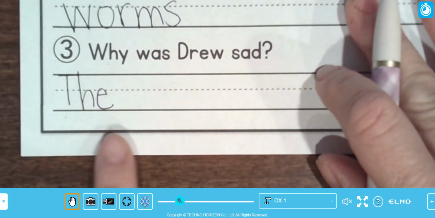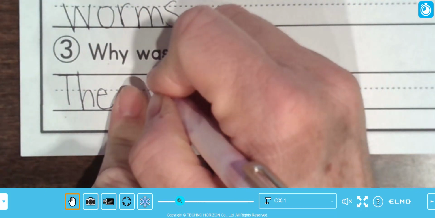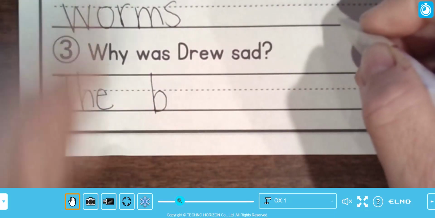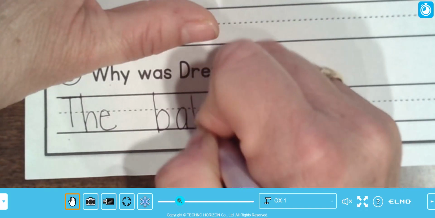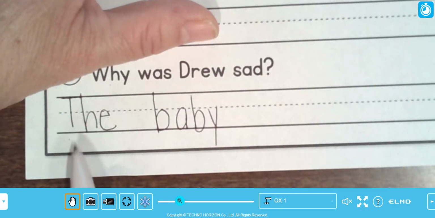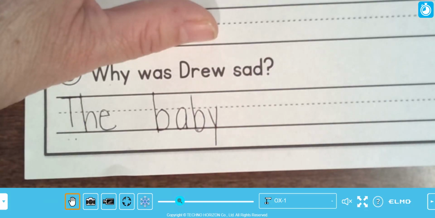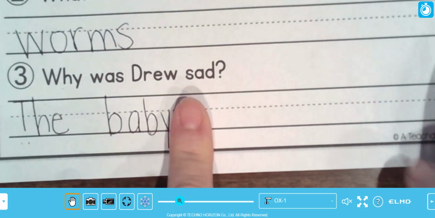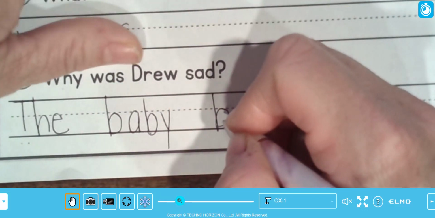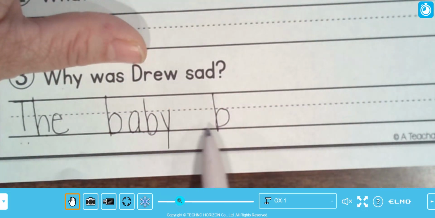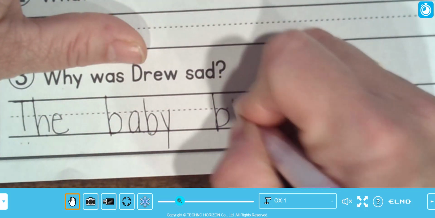So let's write down one finger space and write baby. So the baby. Okay, now I'm going to put one finger space and write birds.